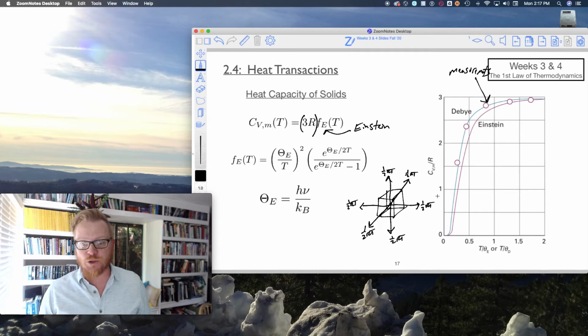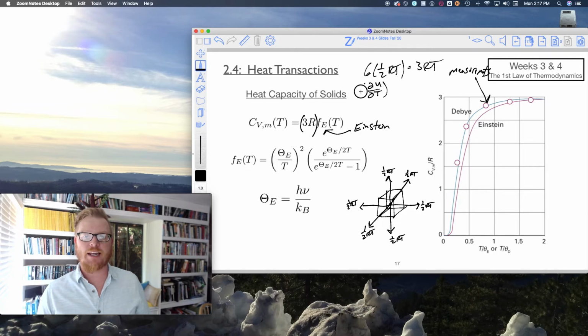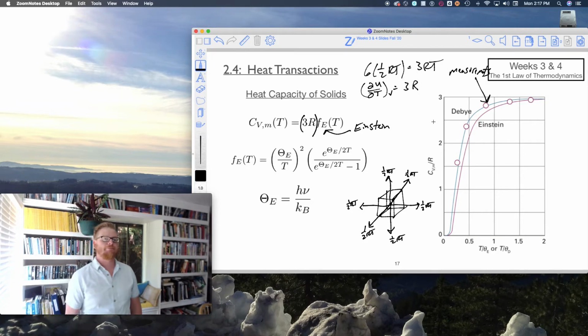So that's 1, 2, 3, 4, 5, 6 degrees of freedom, 6 1/2 RTs gives me 3RT. And remember, partial of U by partial of T equals the heat capacity, which is 3R.